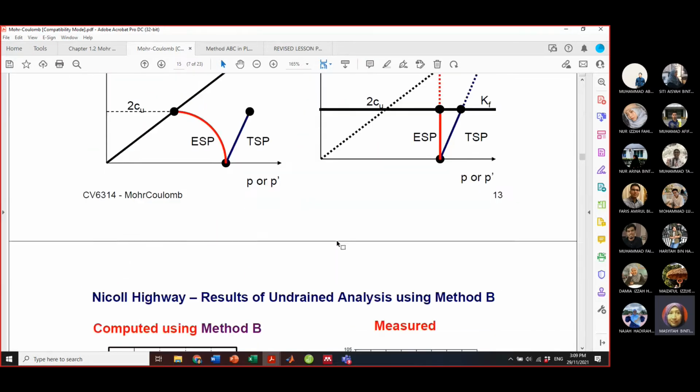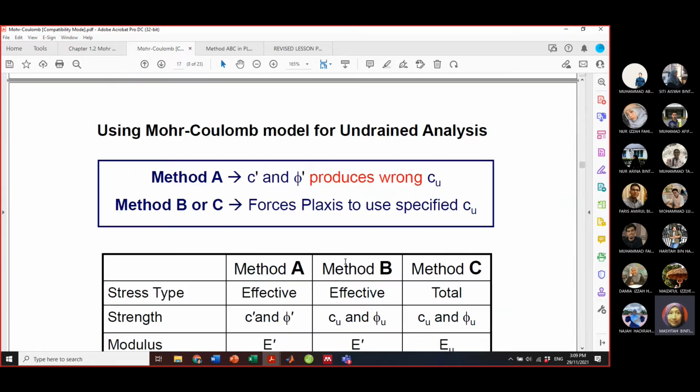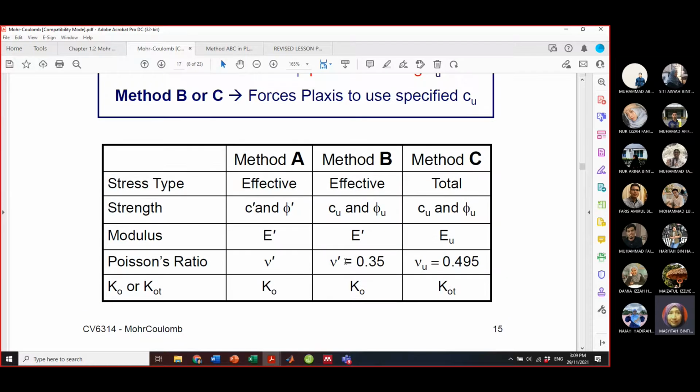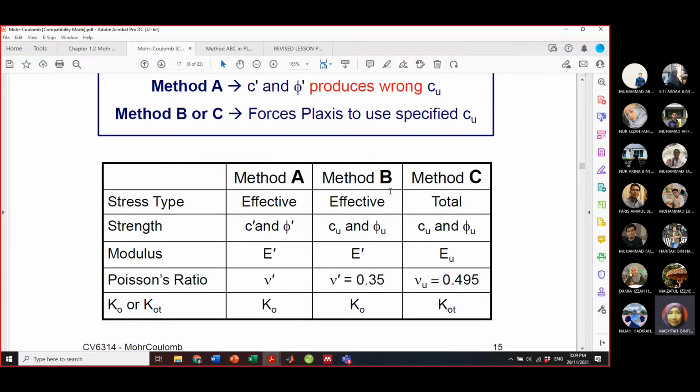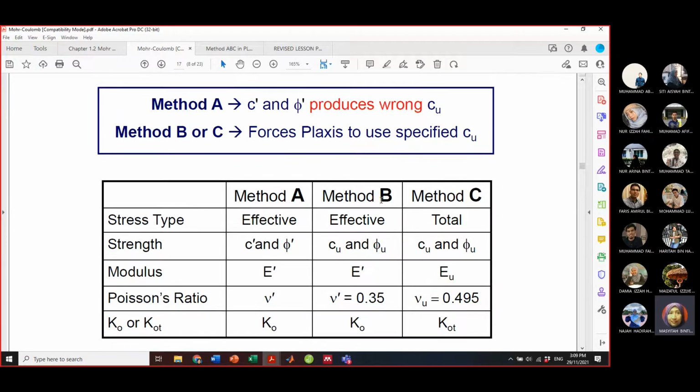Okay, how about the method B? And then other than that one, yang ni adalah summary untuk saya nak highlight kepada anda semua. Kenapa dalam kebanyakan modelling and simulations mostly kita akan guna method B lah. Method A ni if you really understand yang mana you in condition undrained, but the strength and stiffness parameters are in effective stress parameter, still having the Mohr-Coulomb model.